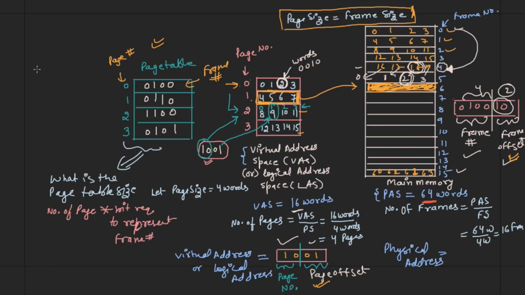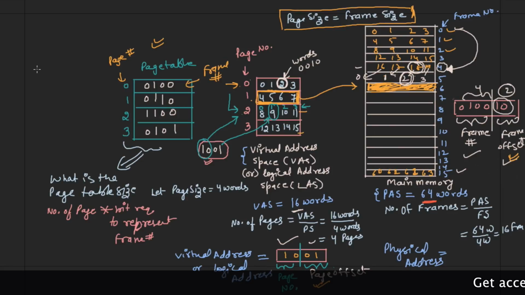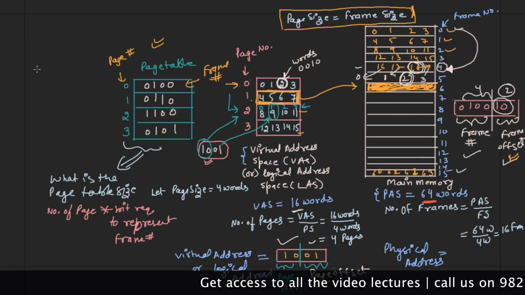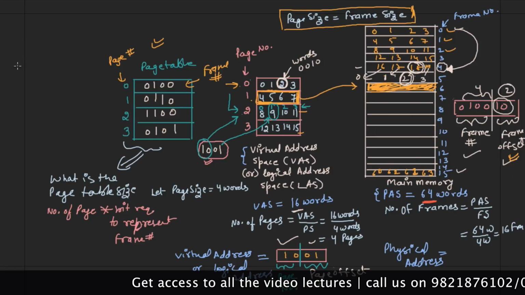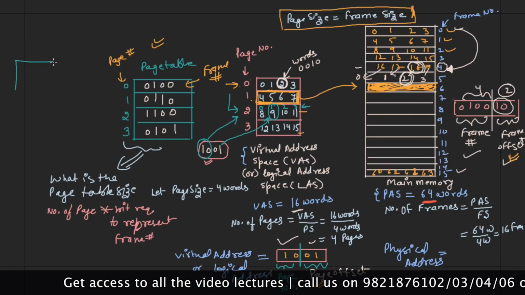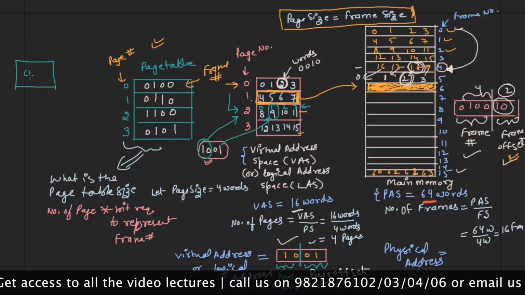See, I know that up to this point you are already saturated by seeing this example, but I have to go through this entire process once, then we can take more examples to solve this complete problem again. Okay, so you can see we have a CPU.